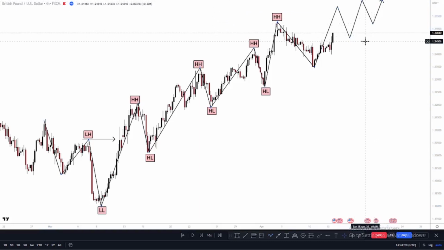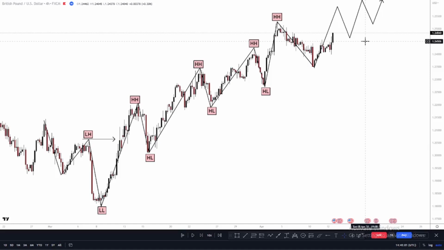So now we've identified our market structure. Looking at the market structures we've identified, it's confirmed that the market is now bullish. Do you get me?